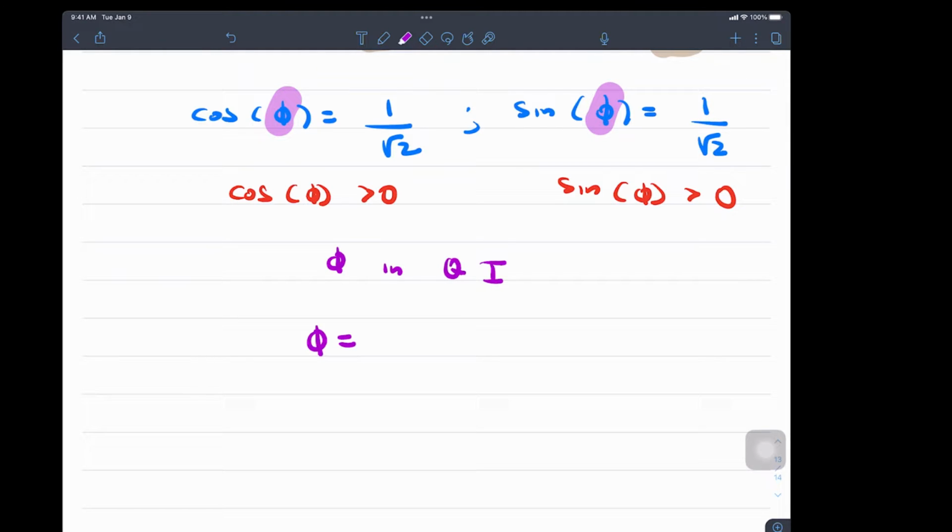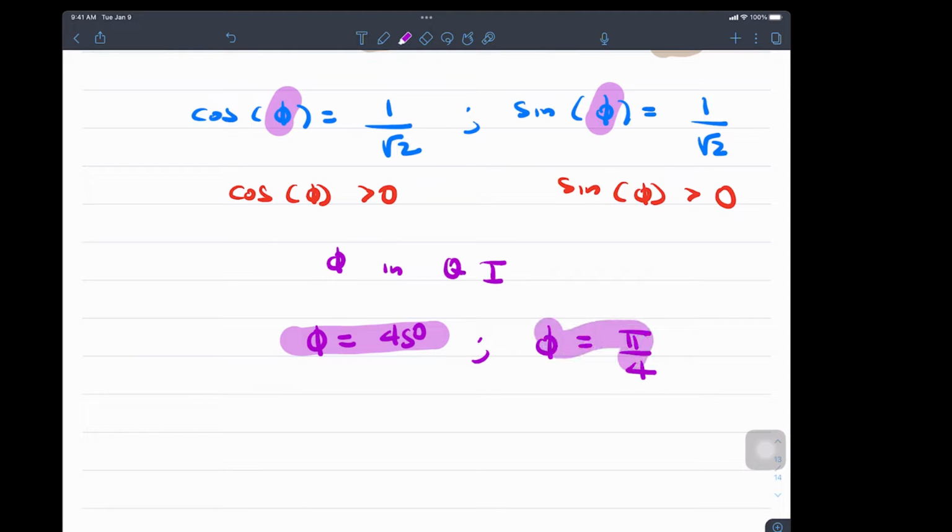What's 1 over the square root of 2 for cosine and sine? Phi is 45 degrees. Is that right? So you don't always know. I'm going to just remark about this. It's not always, in some sense, that easy. Yes, you would have to use your calculator, but phi is pi over 4, ladies and gentlemen. Is that right? Just going to remark about that.